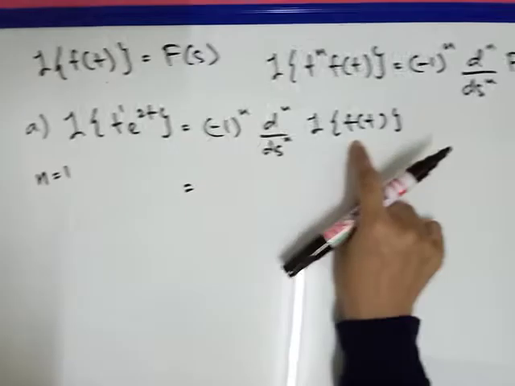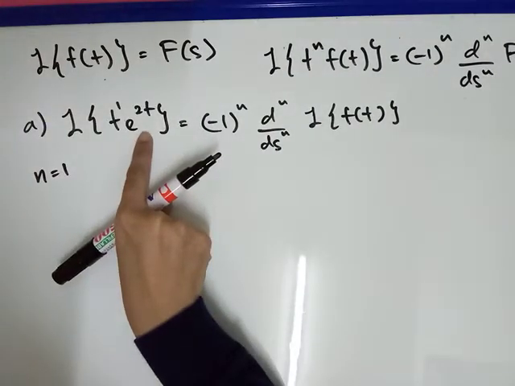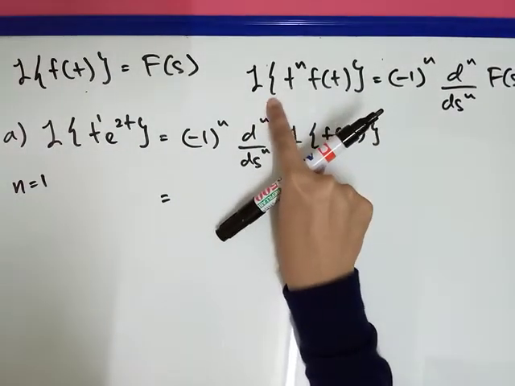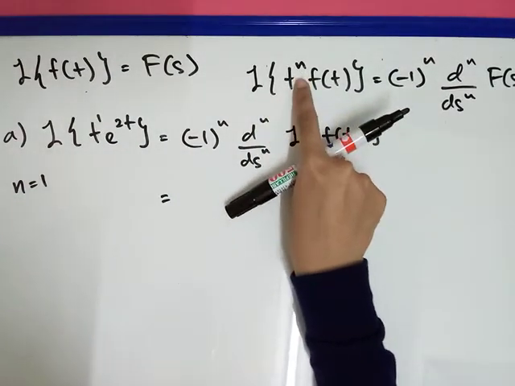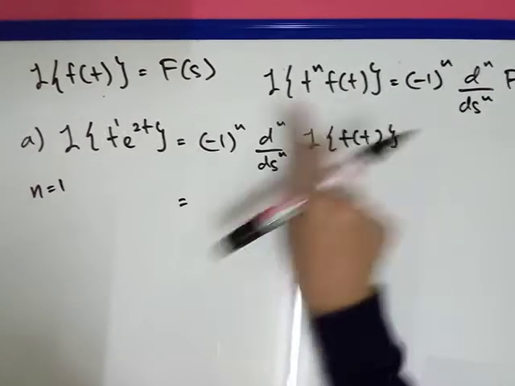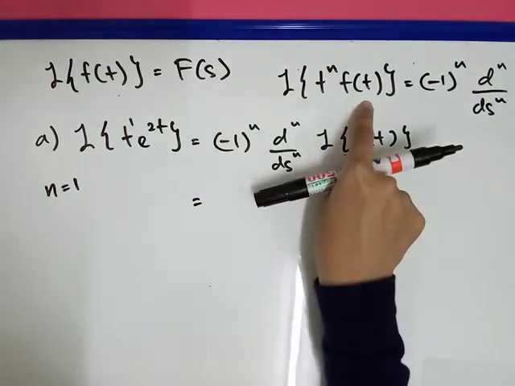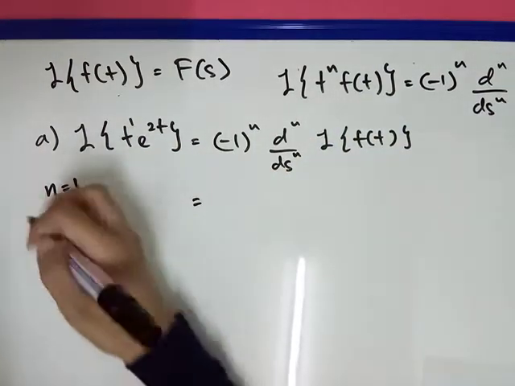What is the function f(t)? It is exponent 2t here. Look at the formula: t to the power n multiplied with f(t), where n is 1 and f(t) is exponent 2t.